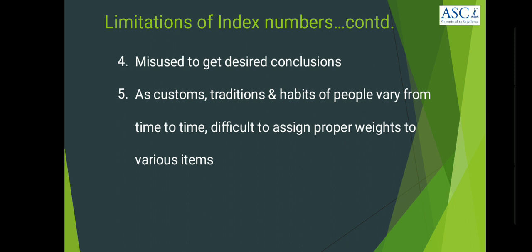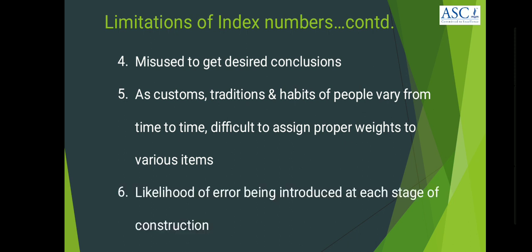But as customs, traditions, and habits of people change over time, it is difficult to decide the importance of items, and hence assigning proper weights to various items will become a challenge. For the same reason, assigning proper weights is one of the limitations of index numbers.